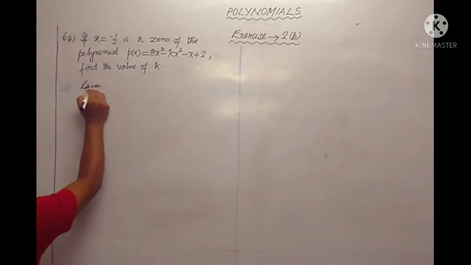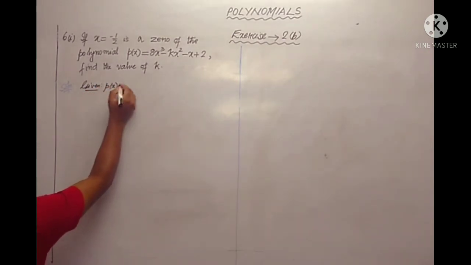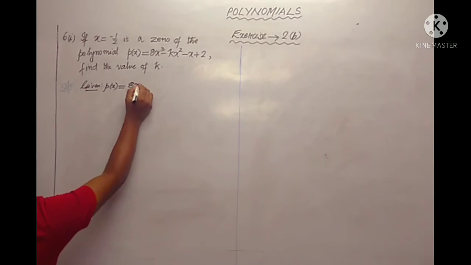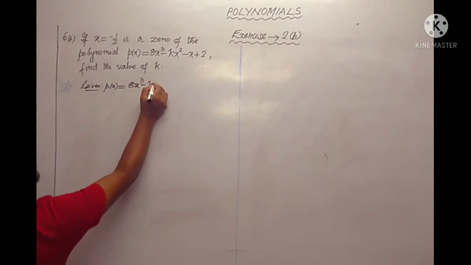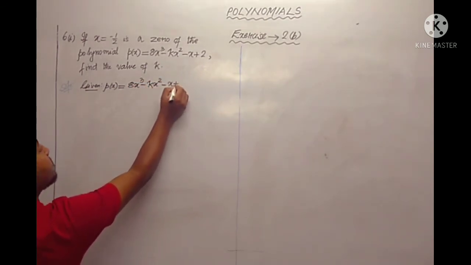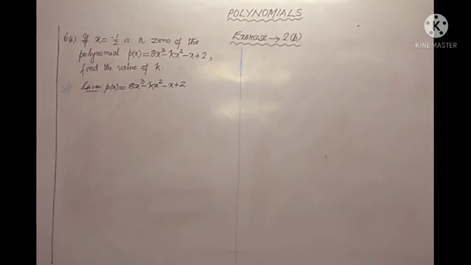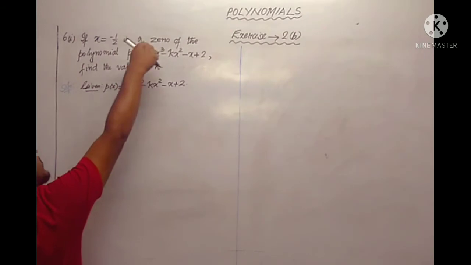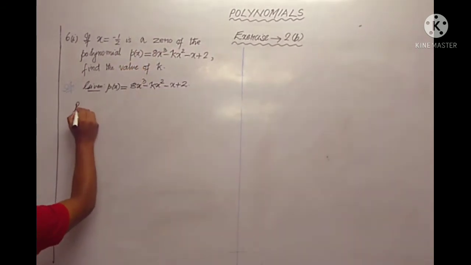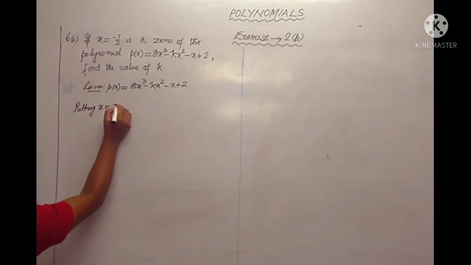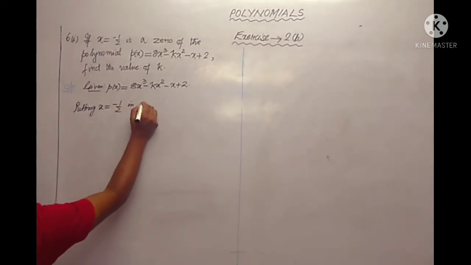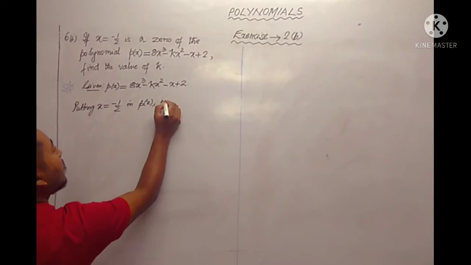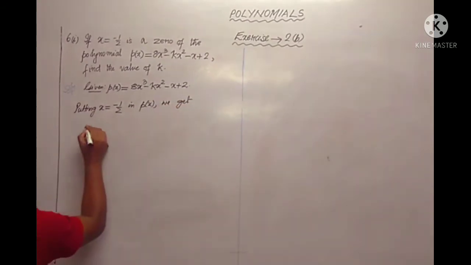Given p(x) equals 8x cubed minus kx squared minus x plus 2. Since x equals minus 1 by 2 is a 0 of this polynomial, you write down: putting x equals minus 1 by 2 in p(x), we get, what do we get?